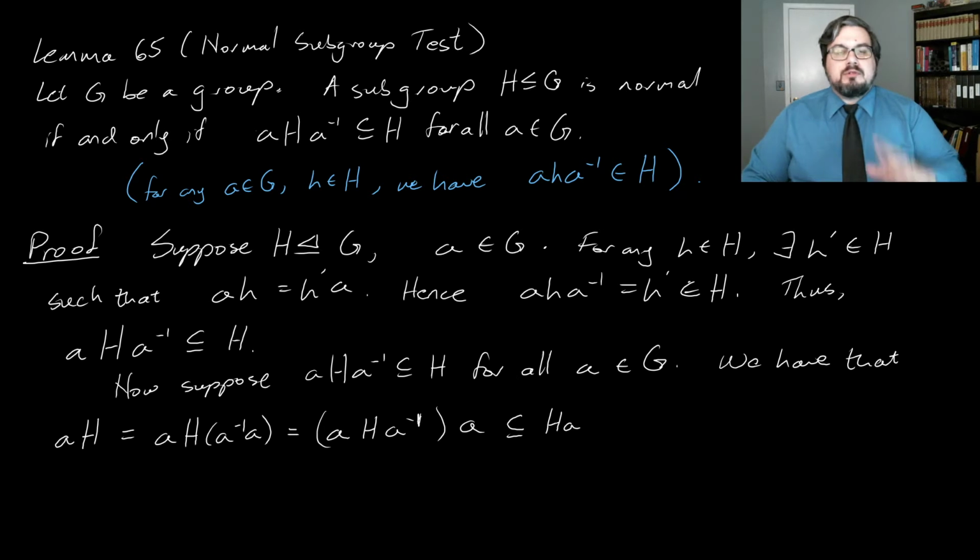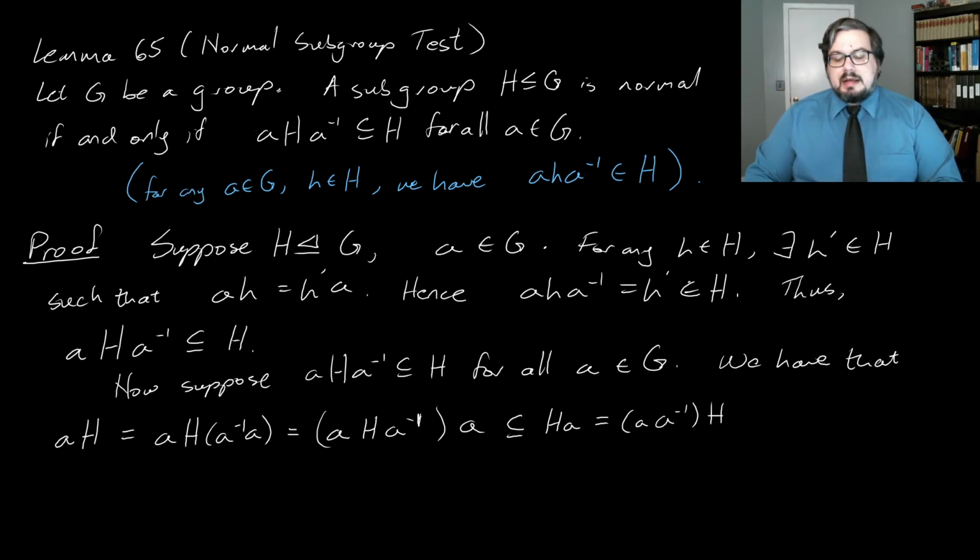We could go through another argument to show the other inclusion, but I want to show a proof technique that's often useful to make your arguments efficient. What I'm going to do is continue this string of equalities and subset relationships, and keep doing the same thing.